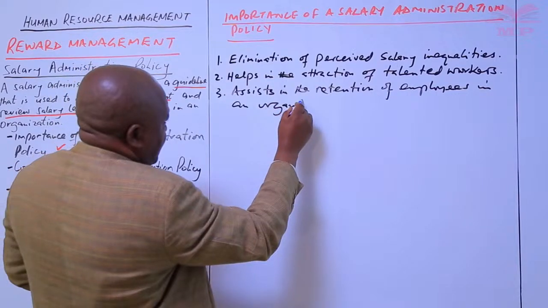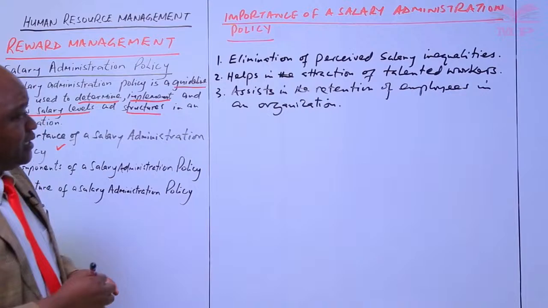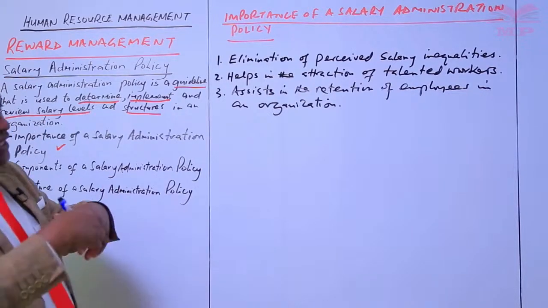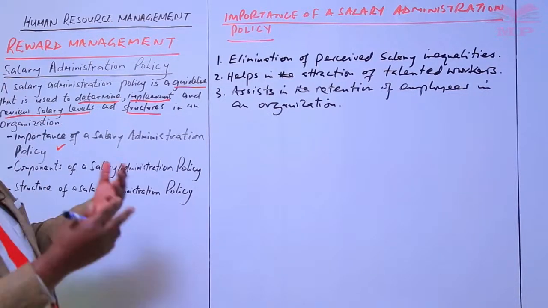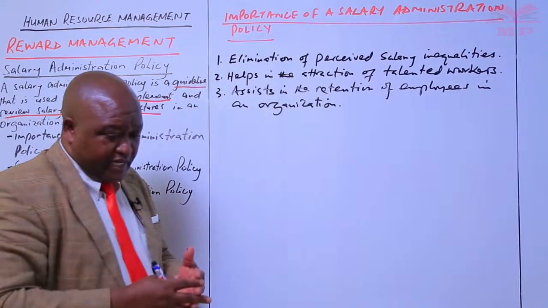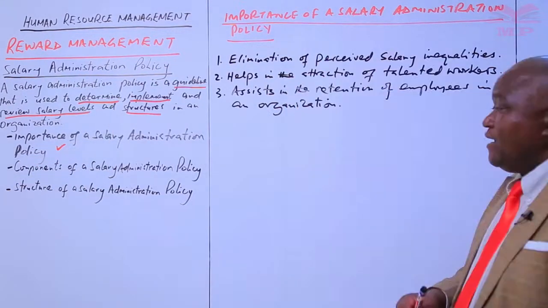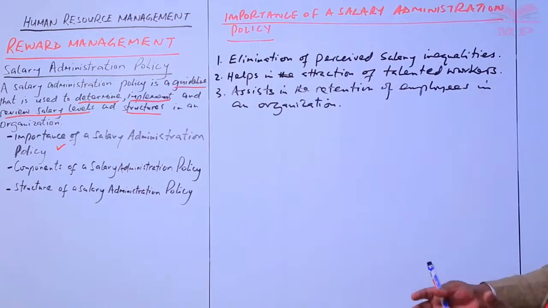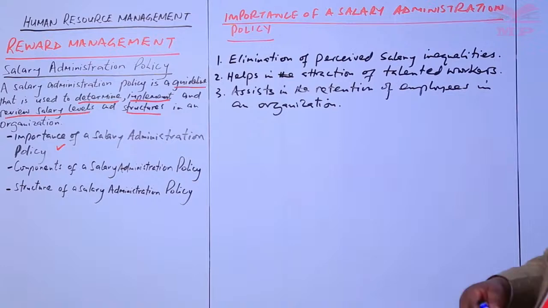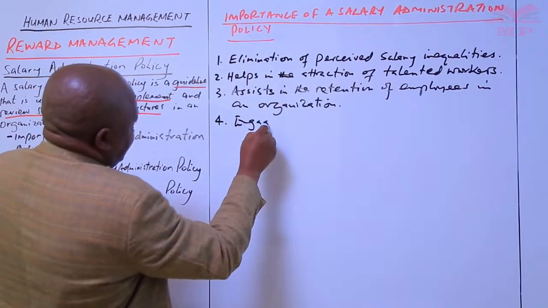So employees who have their salaries determined, their salaries reviewed on the basis of a given policy or a given guideline, where individuals don't have to use their own discretion, then such employees can be retained in a given organization to be able to perform.